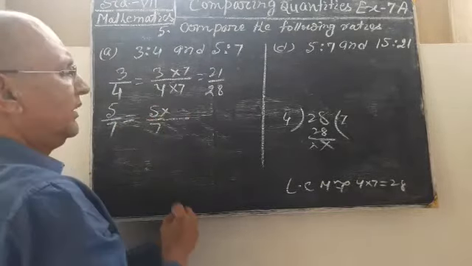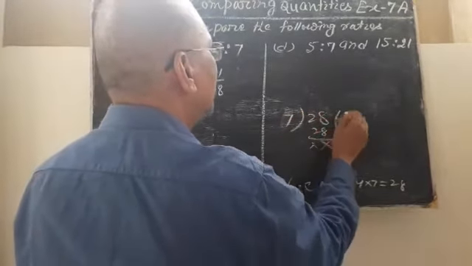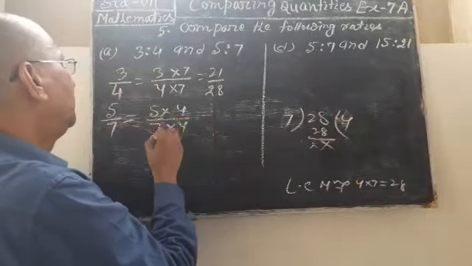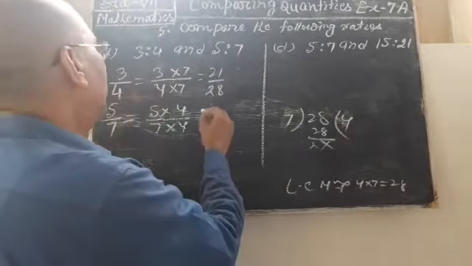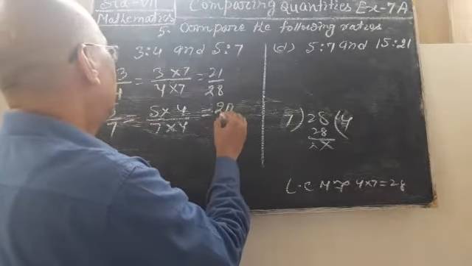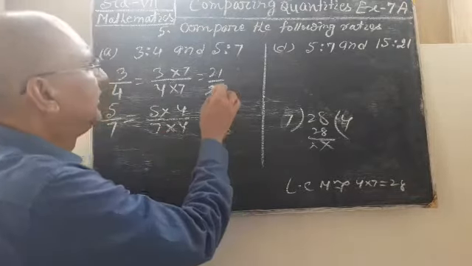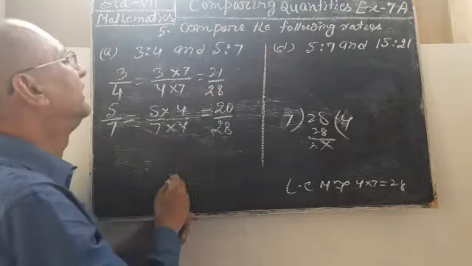The same thing for 5/7. Now divide 28 by the denominator 7, which is 4. Now multiply 5/7, the numerator and denominator both by 4, and you will get 20/28. Now the denominators are equal, 28 and 28.